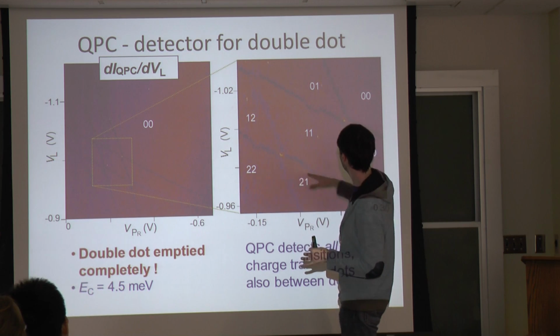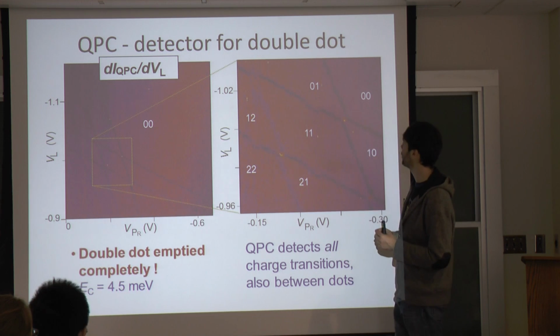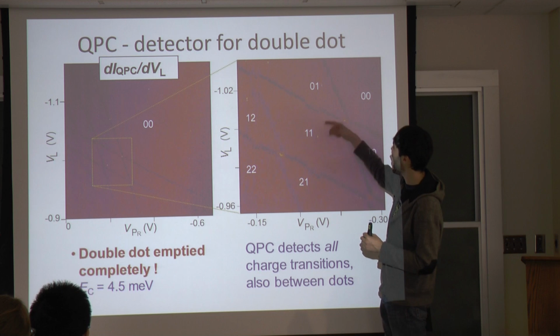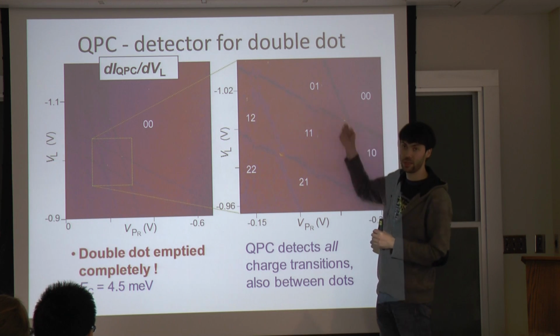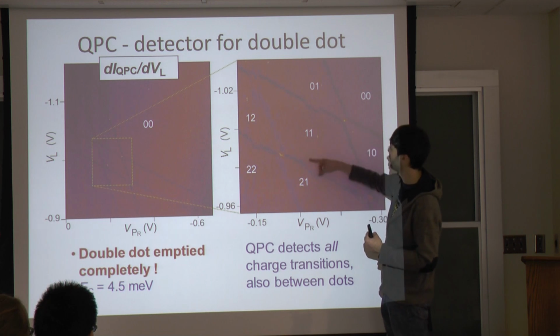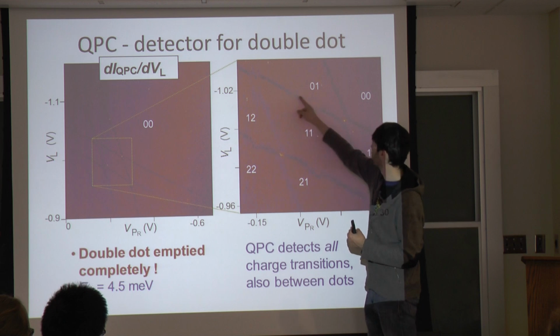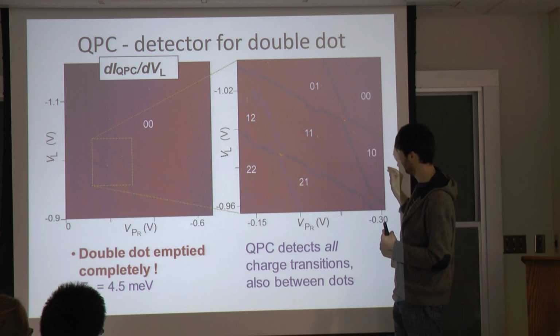And you have to go through such shapes, such honeycomb shapes in gate space. If you cross one of these lines, you add or subtract an electron. This way you subtract from the right dot, and this way you subtract from the left dot. Sorry, the other way around.